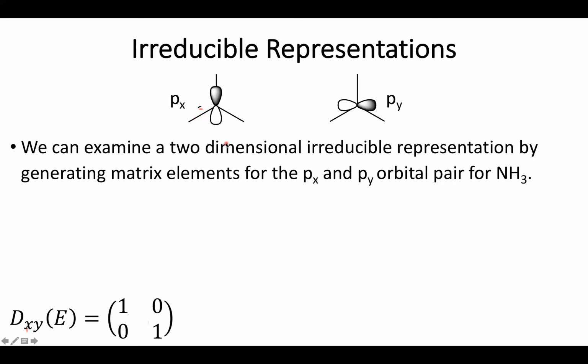As I rotate the orbitals, what we're going to find is that this area of positive amplitude is going to now migrate along this direction, which is going to be a little bit of a problem because I can't perfectly describe this new rotated density as either being entirely px or entirely py. It turns out the product of this rotation is going to be a linear combination of these two, which is a good first sign that we may be walking into an irreducible representation.